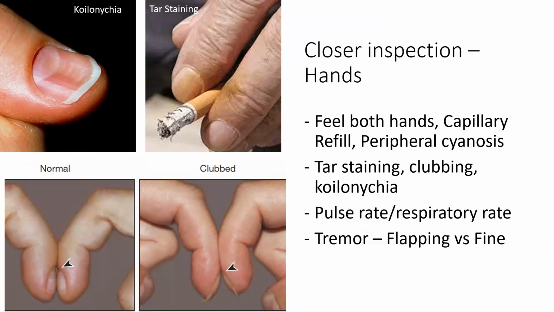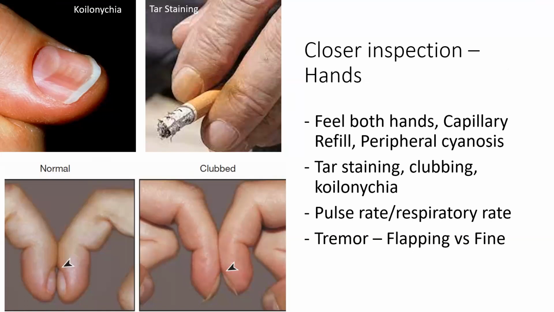This is all just to see if the patient is well perfused and their blood is circulating well. You can also check for tar staining, which is a sign of long-term smoking or tobacco use. And obviously, we know that patients who've been smoking for a long time are at increased risk of respiratory diseases as a result.